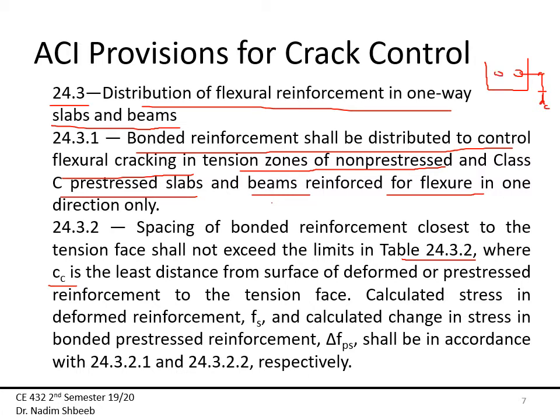Now the code says I'm not going to the center of the reinforcement, I'm going to the bottom of the reinforcement and call this cc. And by that, they are actually taking into account the influence of the bar size on the spacing control, which means that for larger bars, we probably would have wider cracks.